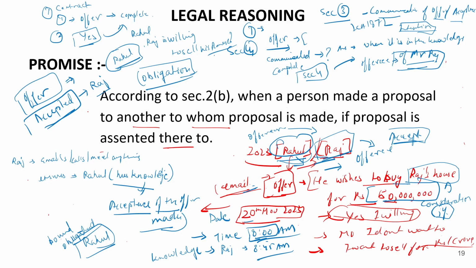This obligation is mandatory. Rahul will be obligated to provide 50 lakhs to Raj on the condition that Raj will sell his house. Why is it needed? Why is it so important? And why are we studying it?